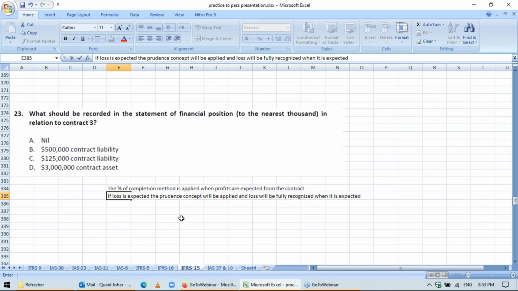So in case of losses, we won't wait for the percentage of completion. We will recognize the full loss immediately.